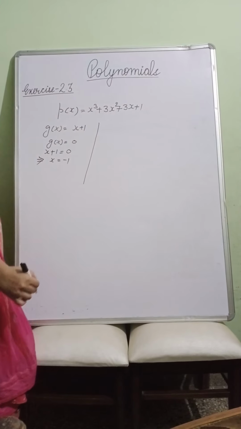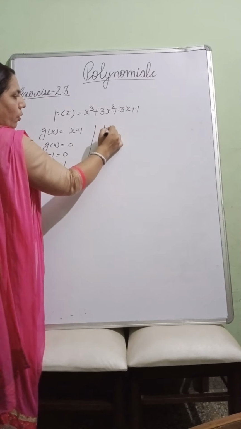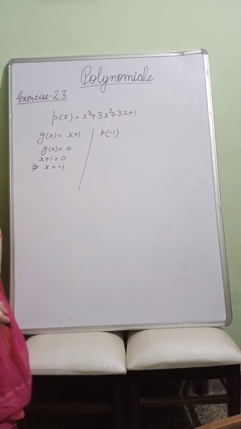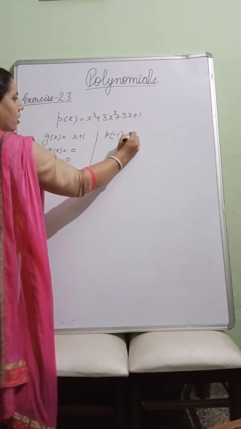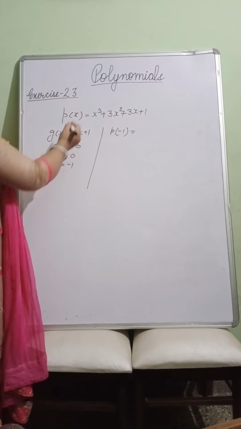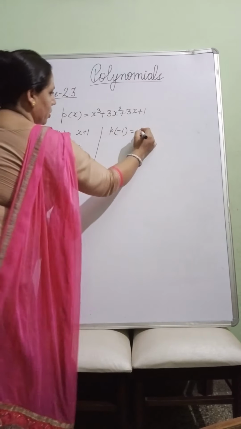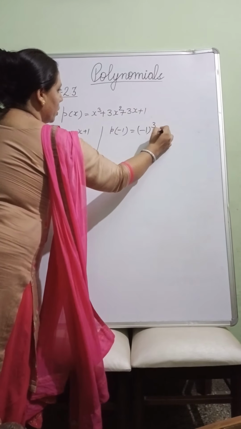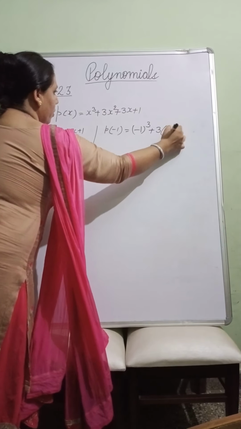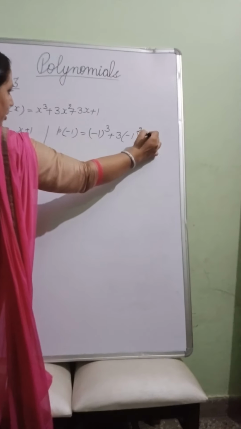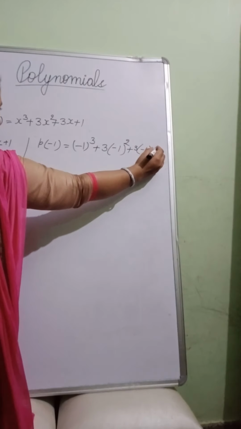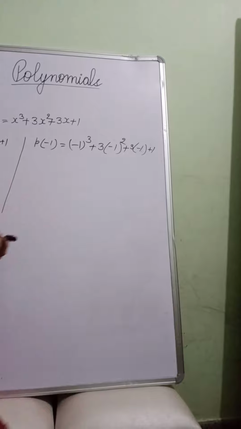Now students, we will find out P of minus 1. As we did yesterday, at the place of x, you will put minus 1. Minus 1 cube plus 3 into minus 1 square plus 3 into minus 1 plus 1. Minus 1 cube, that will be minus 1.